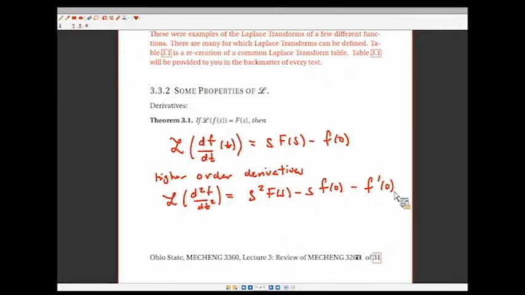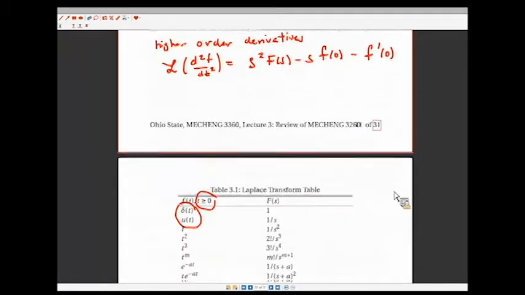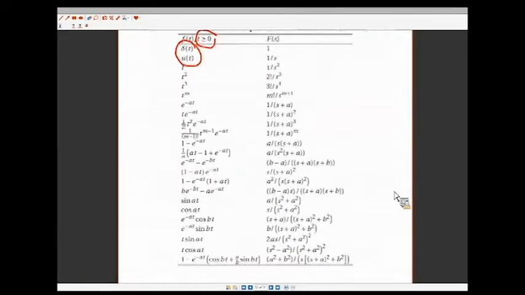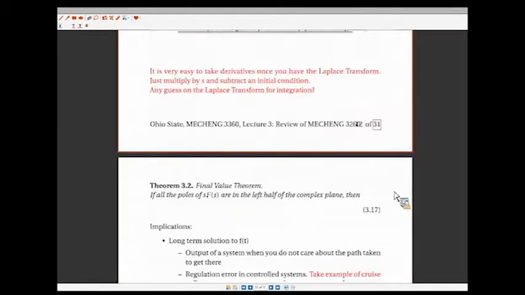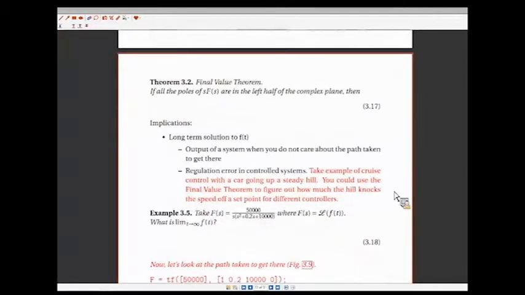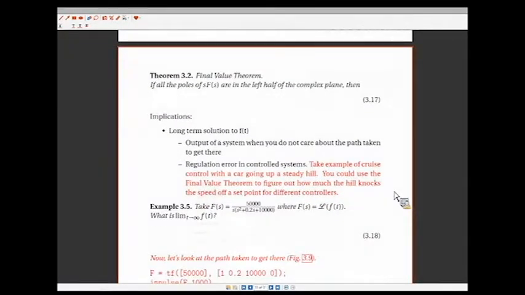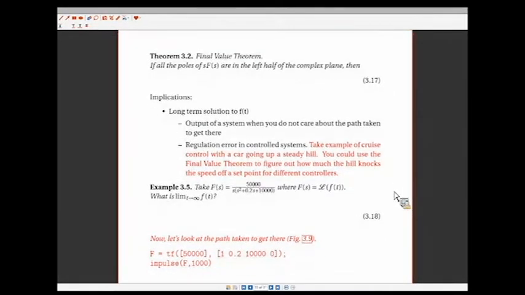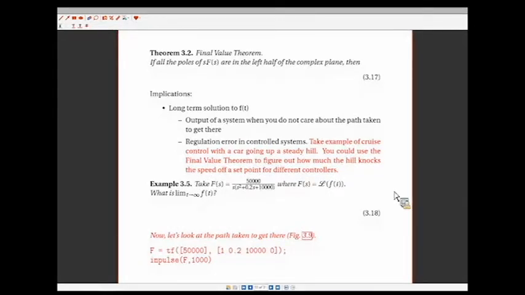Final value theorem. So the final value theorem, we're going to be looking at basically what is the long-term solution of any type of function.